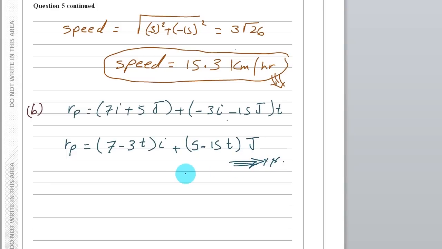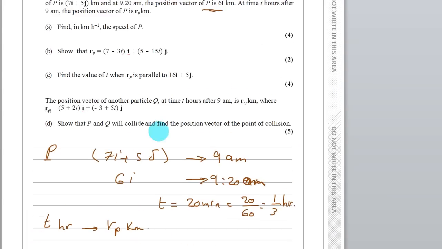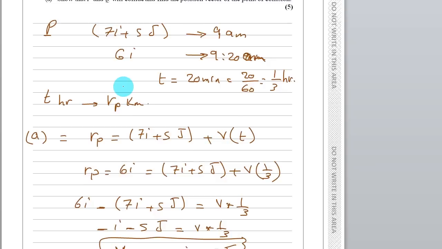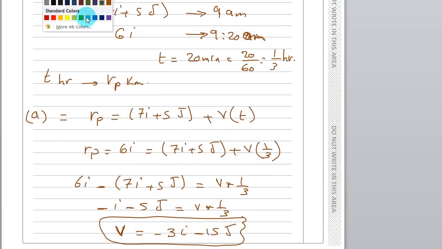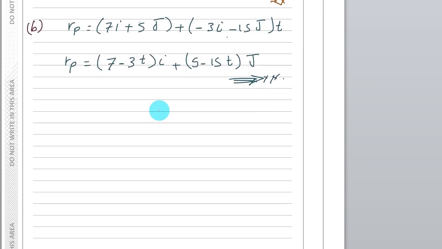Okay, let us now go to another question. Find the value of t when RB is parallel to 16i plus 5j. So we need the value of t. Now this is RB. It will be parallel to 16i plus 5j.